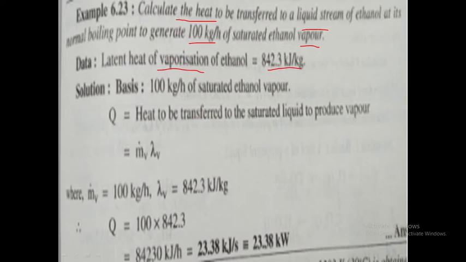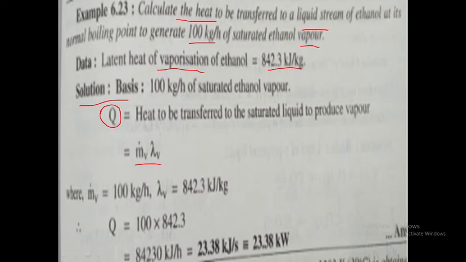Solution part: first you should write the basis of this problem, which is 100 kg per hour of saturated ethanol vapor. Capital Q is the objective of this problem. The formula is Q equals m dot v into lambda v, because the phase change is from liquid to vapor.